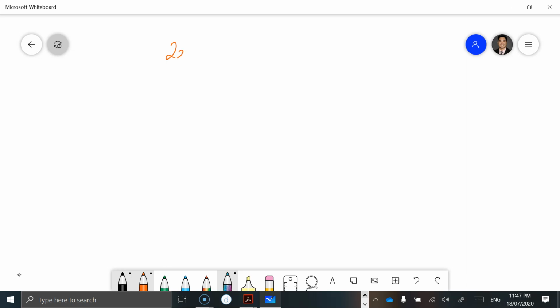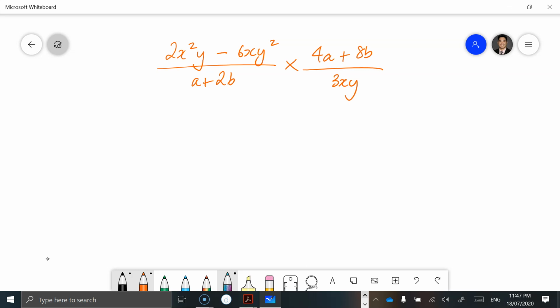We've got 2x squared y minus 6xy squared divided by a plus 2b. And we're going to multiply that by 4a plus 8b over 3xy. And then we're going to divide that by 2x minus 6y over 7.